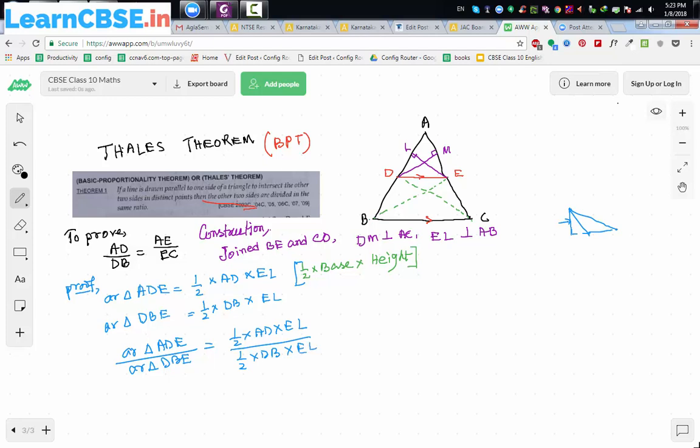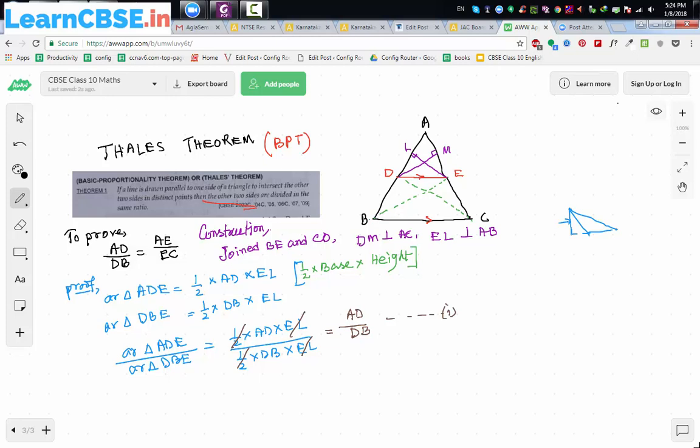Obviously we can cancel out a few terms: half and half, and EL. It gives you AD upon DB as the ratio between the areas of triangle ADE and DBE. Now, let's take it as equation 1.